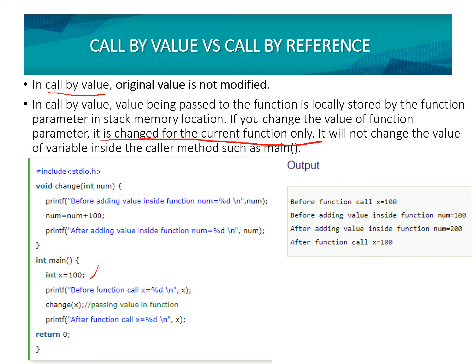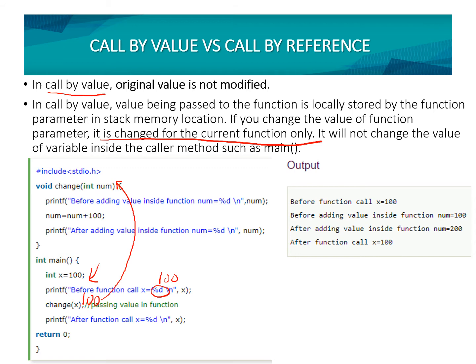So we have a variable here with the value 100 for variable x. We print out before function call, x is still 100. Then change x here, we are passing the value to the function. So the value of x here is equal to 100, meaning that we are passing the value 100 to this function, and it is copied to another variable which is num.